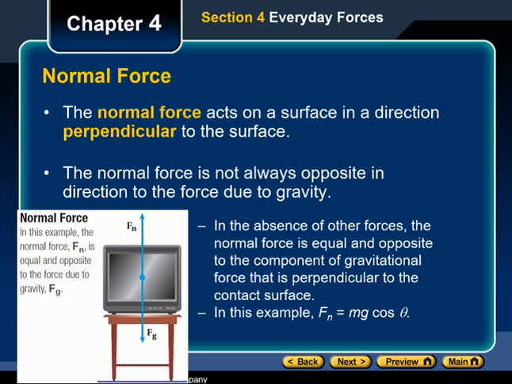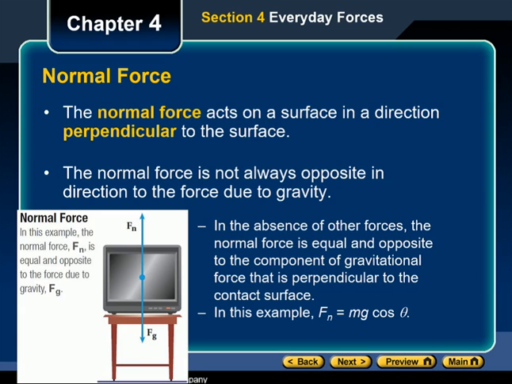First, we know that the gravitational force of Earth, F_g, is acting downward. Because the television is in equilibrium, we know that another force, equal to the magnitude of F_g but in the opposite direction, must be acting on it.